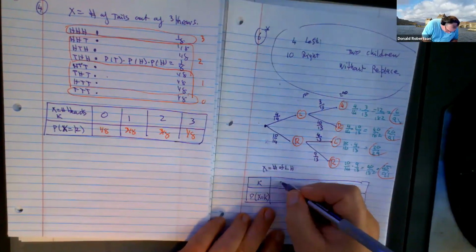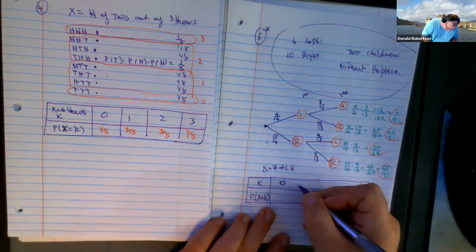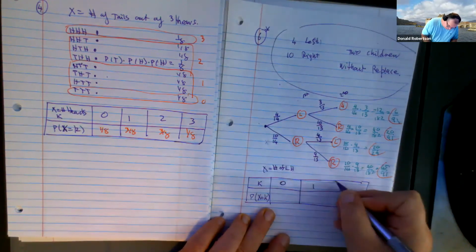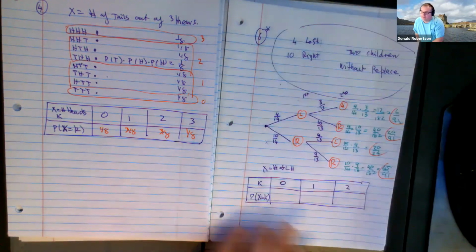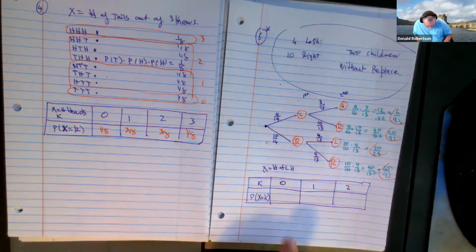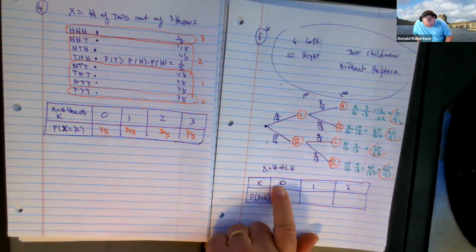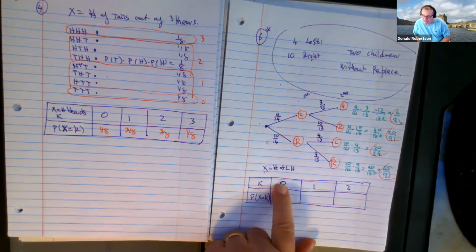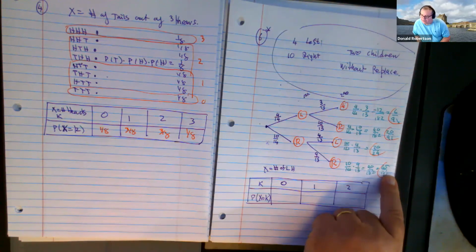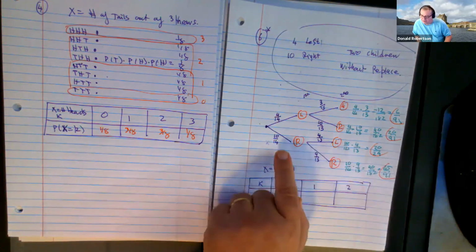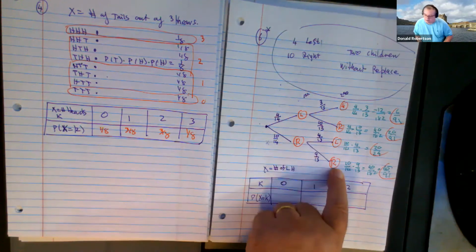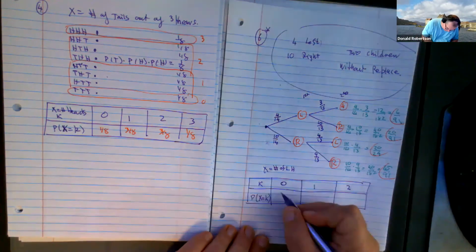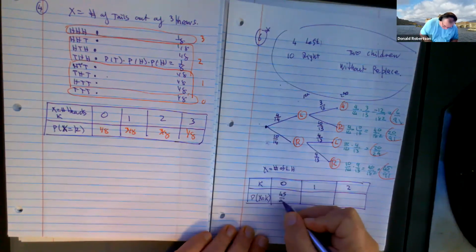You might have no left-handed kids, one of them's left-handed, or both of them are left-handed, right? Now, if I do no left-handed kids, isn't that the same as both being right-handed? So that's the answer. 0 left-handed is 45 91sts. 0 left-handed or 2 right-handed kids. So 45 out of 91.